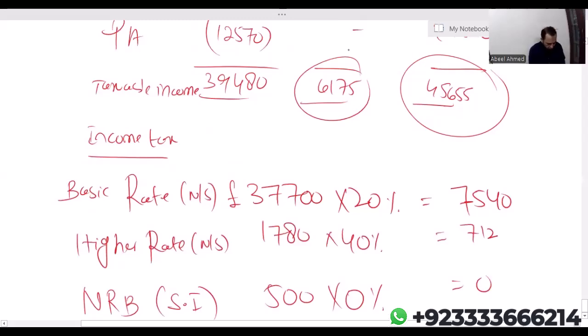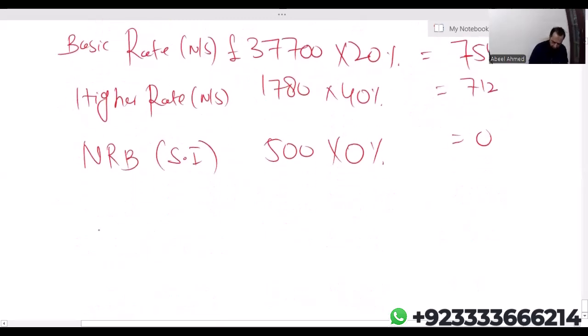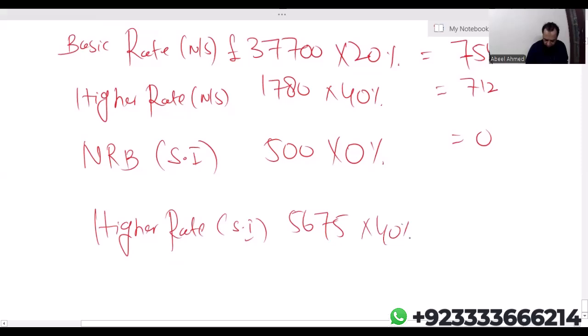Out of that 6,175, 500 we have taken in the nil rate band. So the remaining amount is 5,675, which obviously falls in the higher rate because the basic rate band is already utilized. Higher rate saving income 5,675. Applicable rate is 40%.